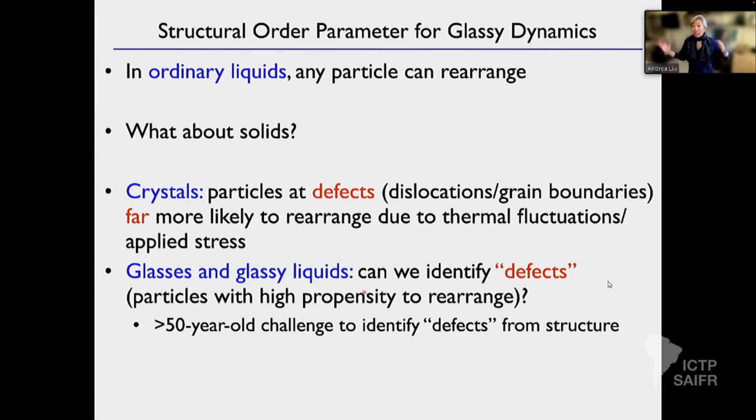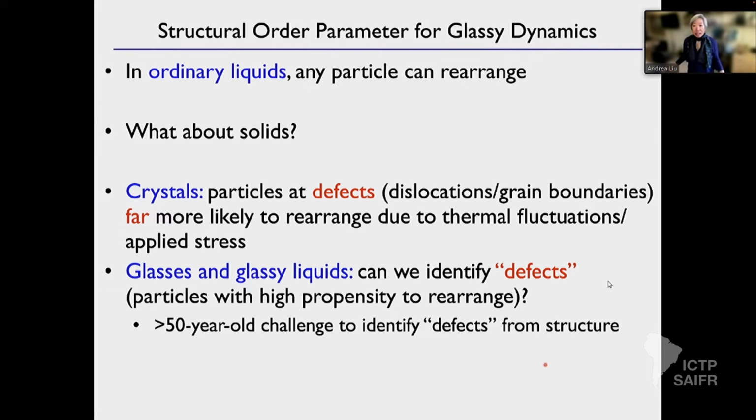All right, so with that in mind, the question for glasses, either plasticity in glasses or dynamics of glassy liquids as we lower the temperature, is can we define defects which have lower energy barriers to rearrange? And that was a 50-year-old challenge. People were looking and looking and looking to try to find defects and couldn't really find anything that was convincing to very many people, except their own academic parents or children, perhaps.